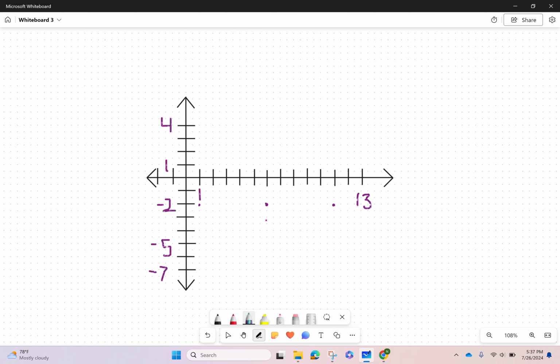And we go down 1, down 2, down 3, right here to -5, because -2 minus 3 is -5. And then we do the same thing going up. So we have -2 plus 3, which gives us 1. So we're at (6, 1) here. And now we have all of our points.